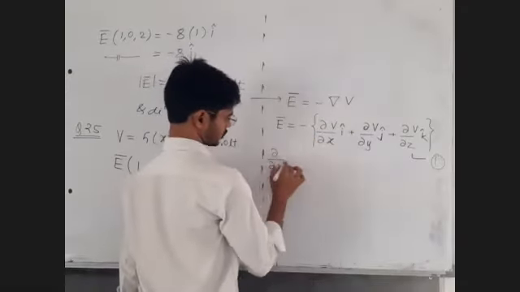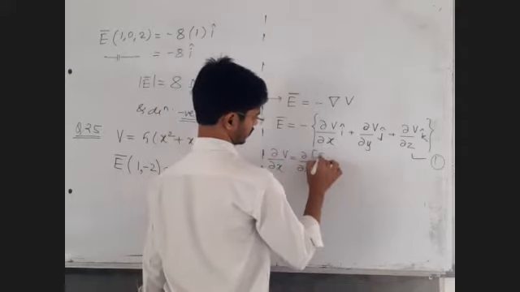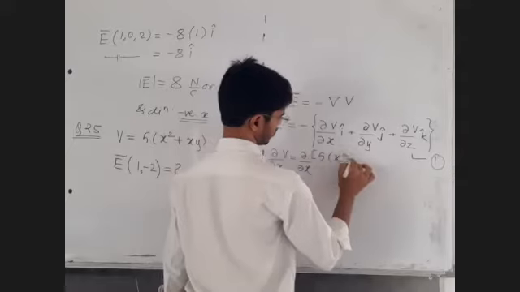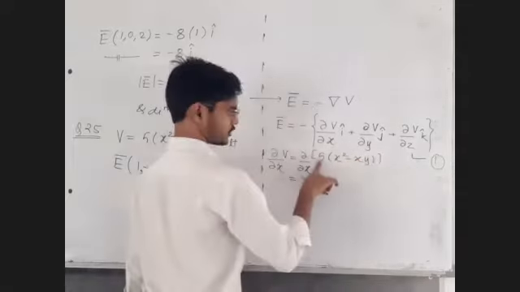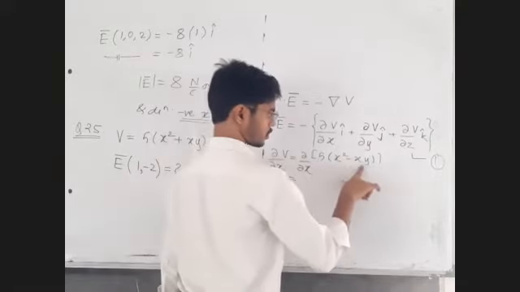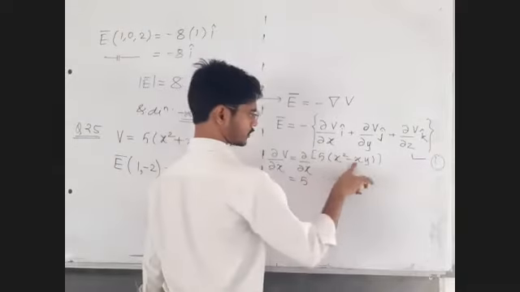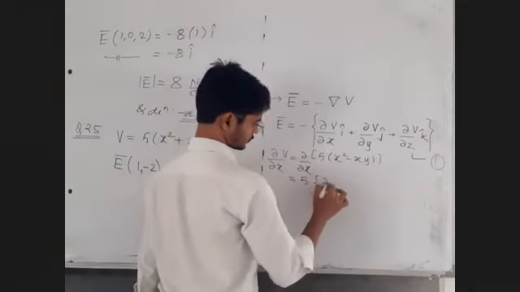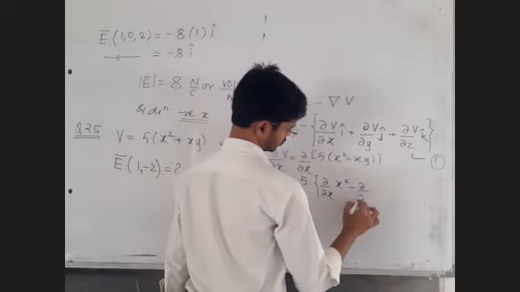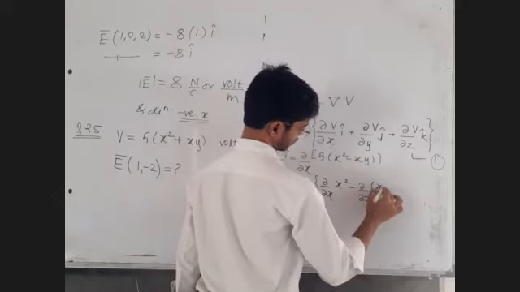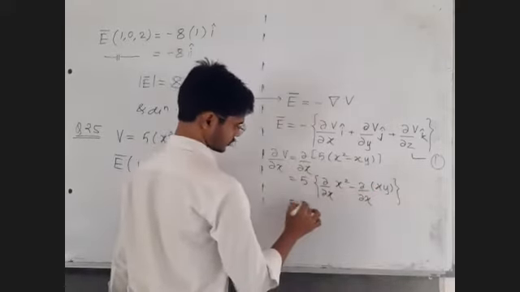Dou by dou x of V, that is dou by dou x of 5 into bracket x square plus xy. This 5 is a constant multiplied to everything, so it can be taken out of the derivative. Derivative of each term can be found separately: dou by dou x of x square plus dou by dou x of xy. The 5 stays as it is.